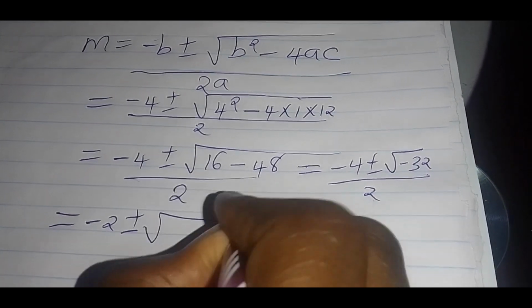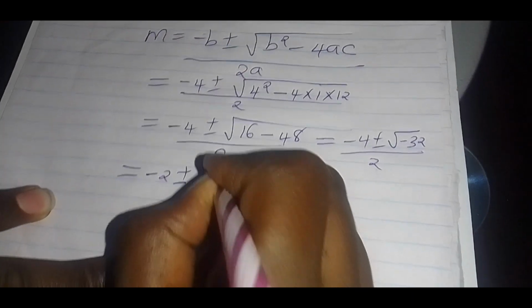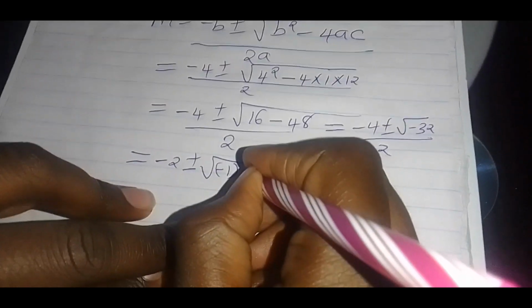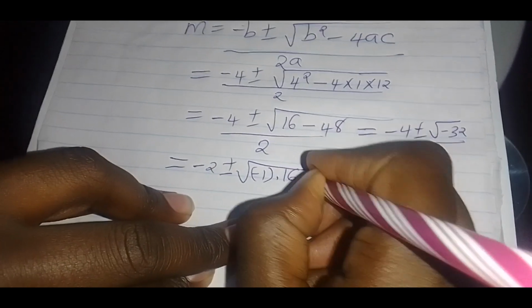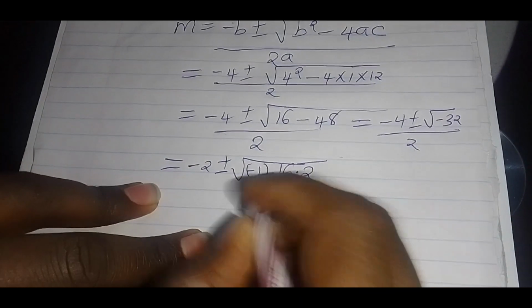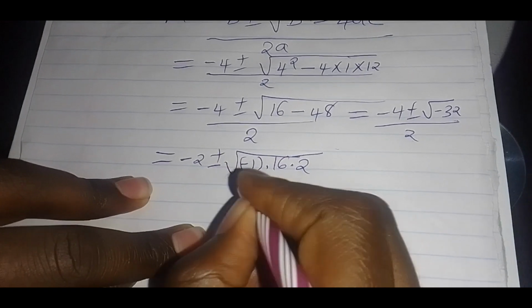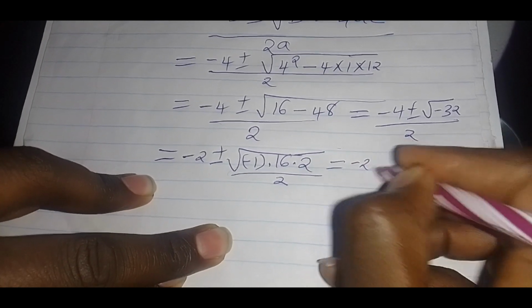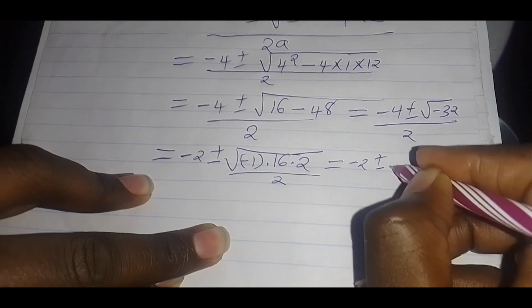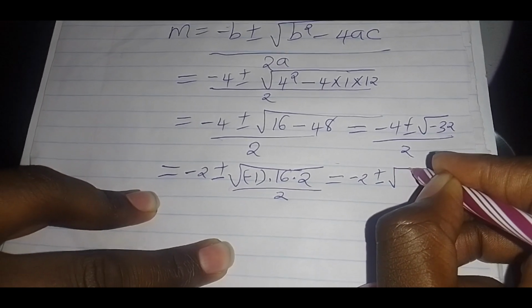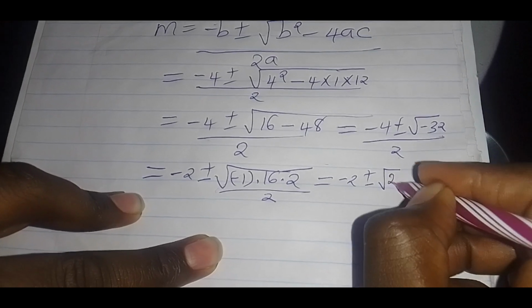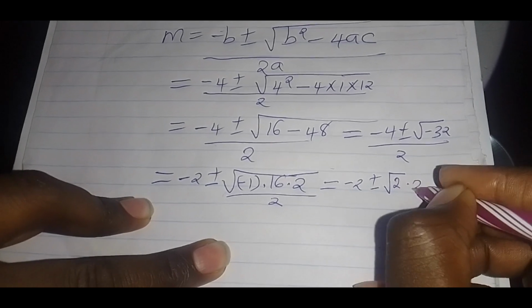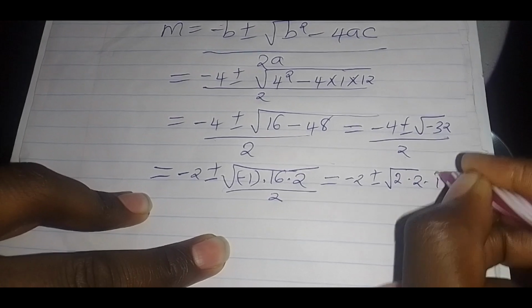We are going to have minus 1 multiplied by 16 times 2, divided by 2. So this is going to give us minus 2 plus or minus the square root of 2 multiplied by 2, then we multiply by i.